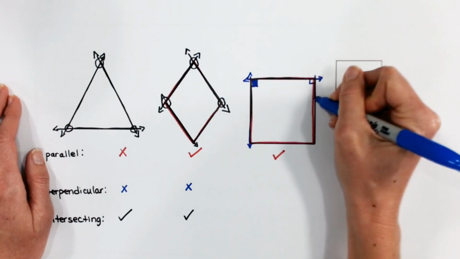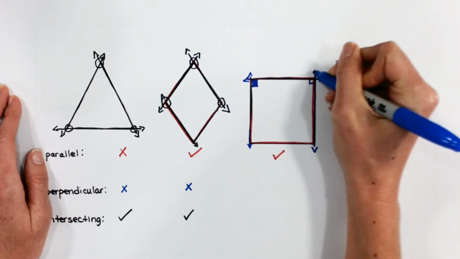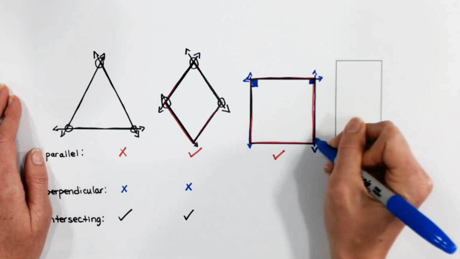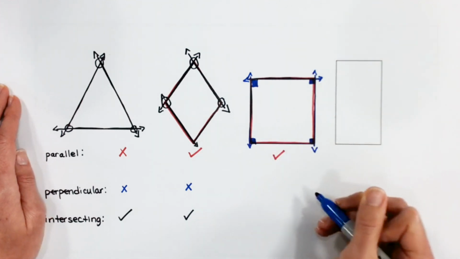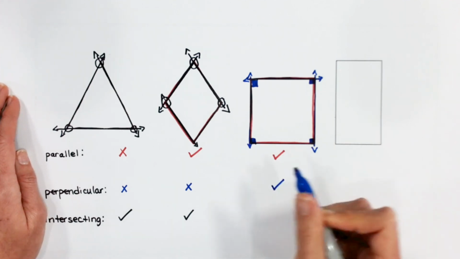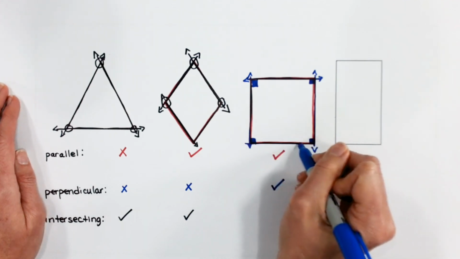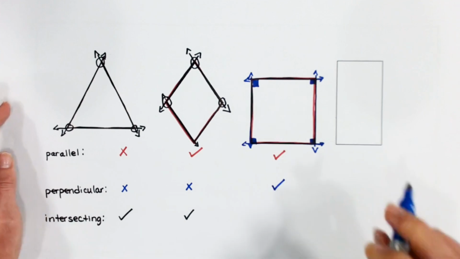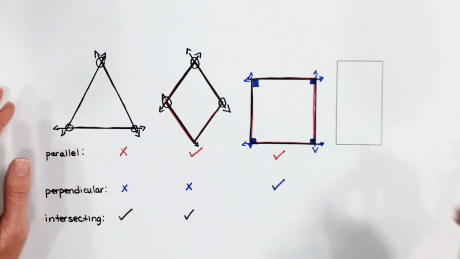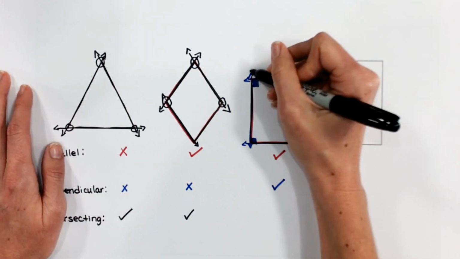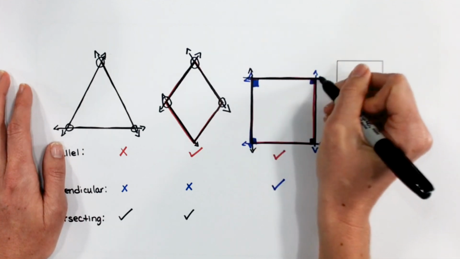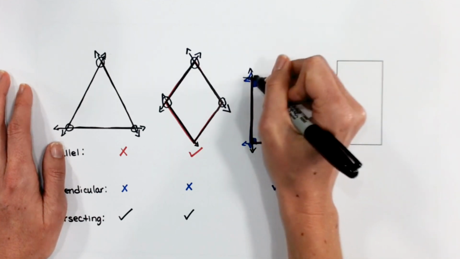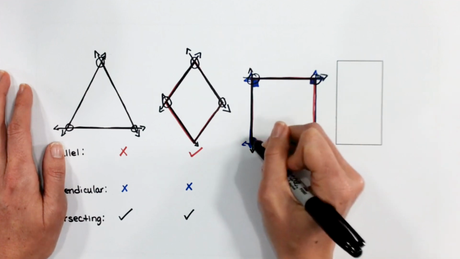So we do have perpendicular lines in my square, and we actually have 4 right angles. So yes, the square does have perpendicular lines. Next, how about intersecting lines? And we do. Again, this line here intersects with this line here, and all 4 points are intersecting.